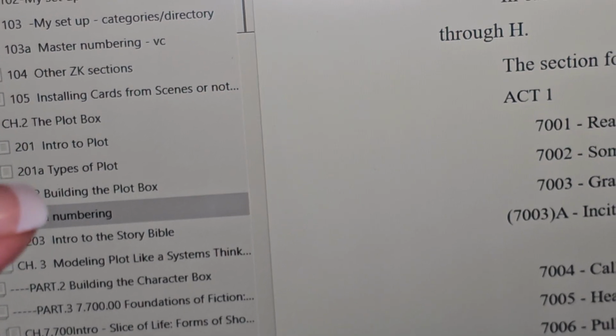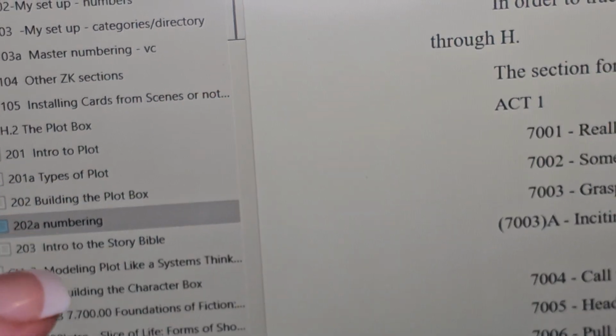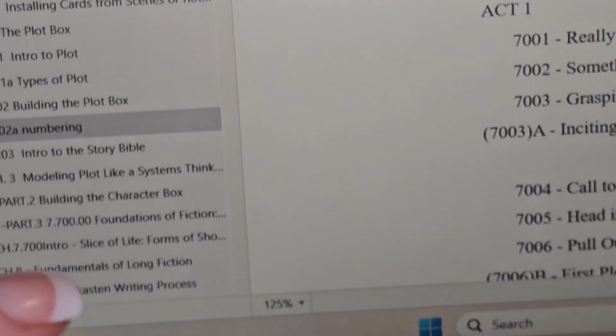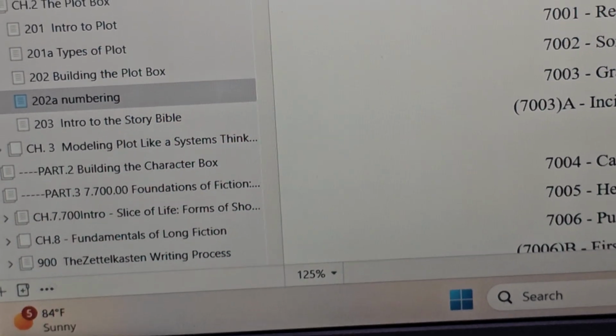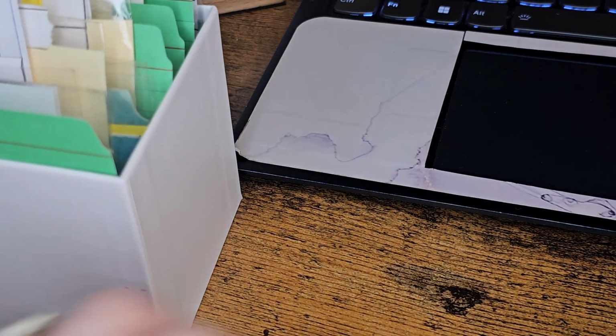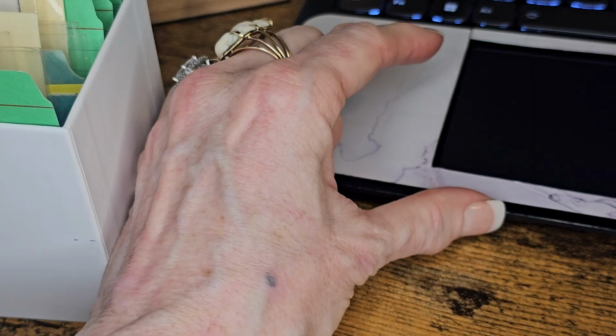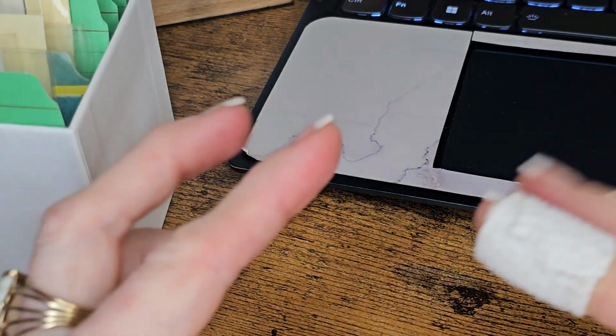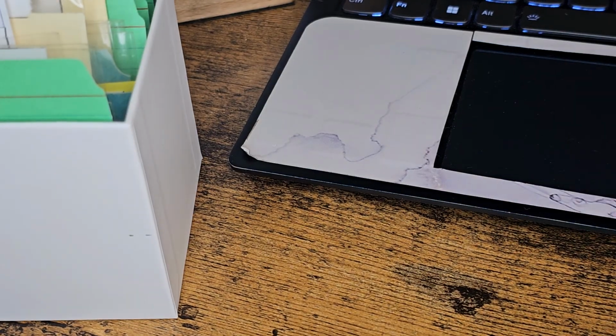I've got the major number, consider these the plot points that happen underneath it, and they just get sequenced right under whatever chapter they're in. So it doesn't matter what you're writing. If you're writing fiction, you're writing nonfiction, however you're putting those things together, it all works the same. You just sequence those things in your plot box system.